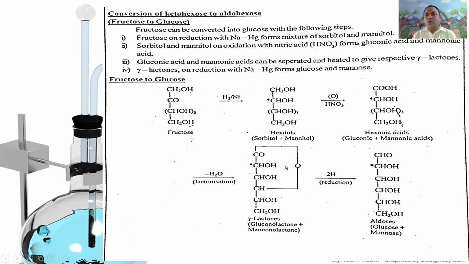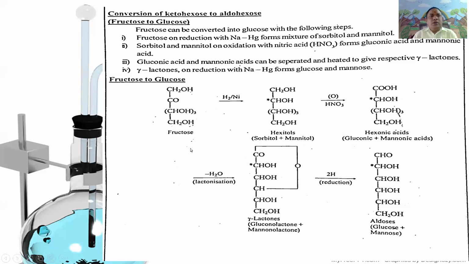This gamma lactone again undergoes reduction with zinc and acetic acid. It gives aldohexose, called glucose.